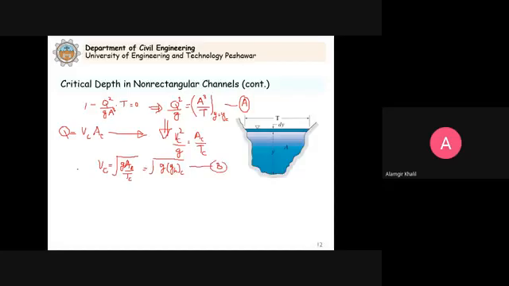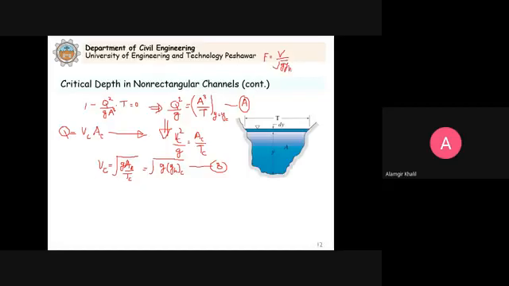Now in this equation, Vc divided by square root of g Yh at critical depth will be equal to 1, and that is the Froude number. Clear? So again, for critical flow, the Froude number is 1. We defined the Froude number as V divided by square root of g into Yh.